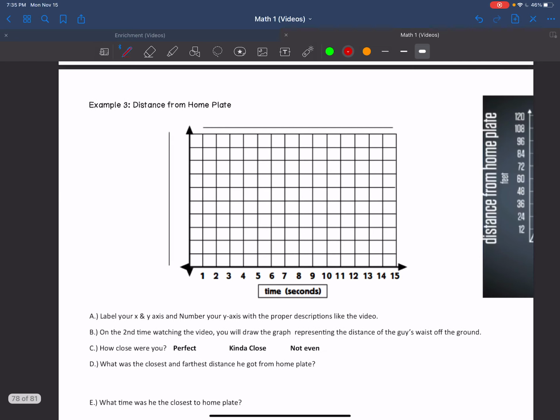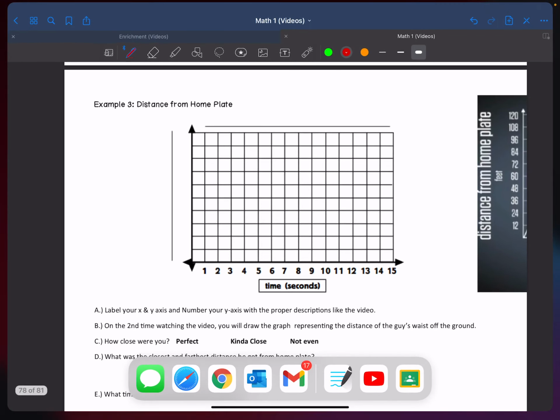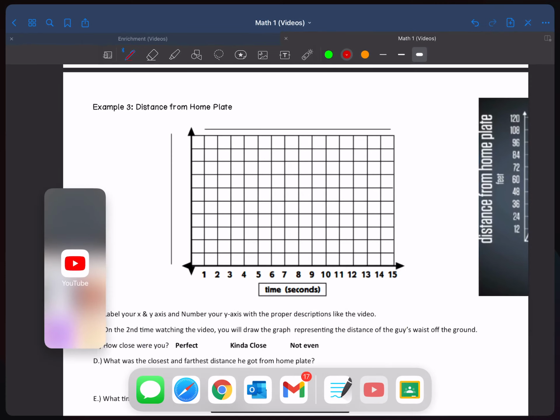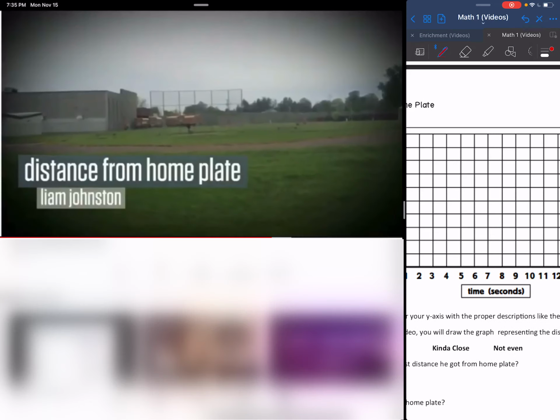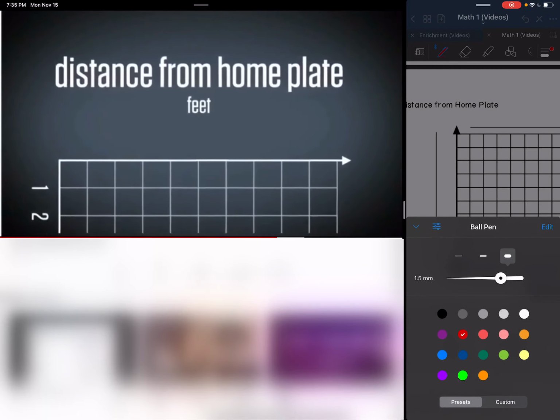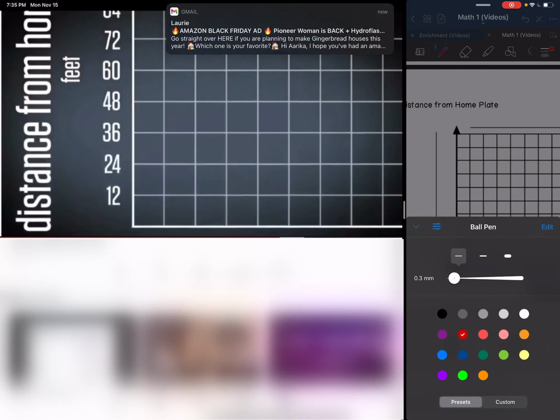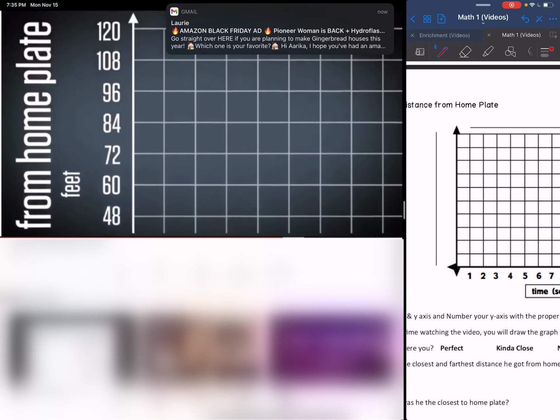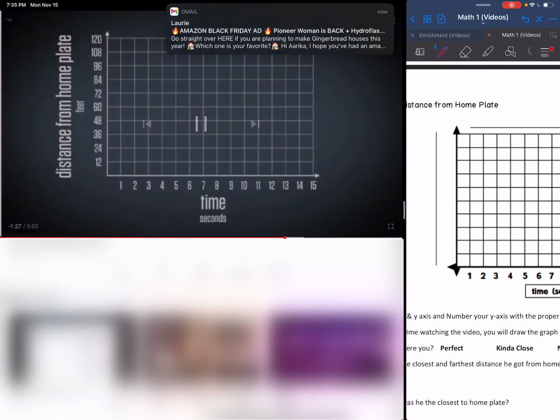Next one is the distance from home plate. So we're going to look at that part of the YouTube video now. First we're going to want to fill out our table, fill out the y-axis using this information.